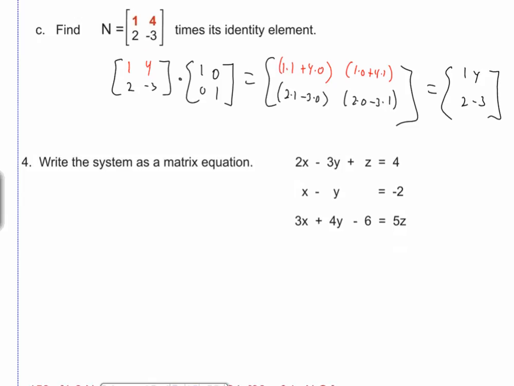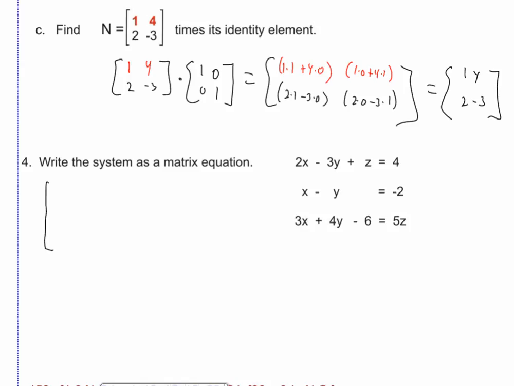Okay, last thing. And again, we're going to use this later on to solve systems. This system is a 3 by 3. So write the system as a matrix operation. All you're going to do is take the top equation. And by the way, everything's lined up already, right? You have the first equation, x, y, z equals a constant. In the second one, the x is first, the y is second, and the constant's on the right.